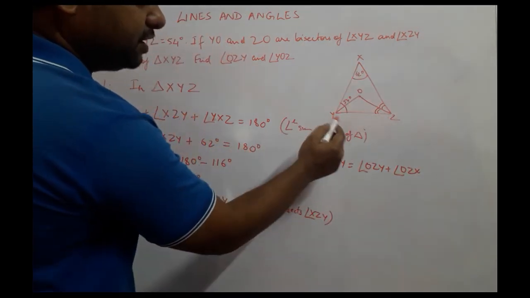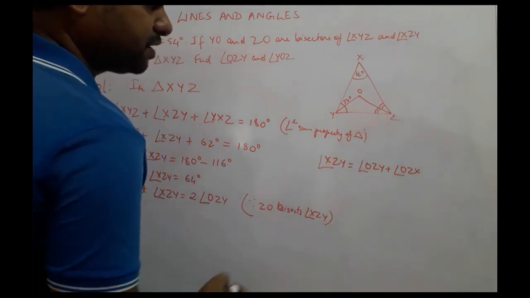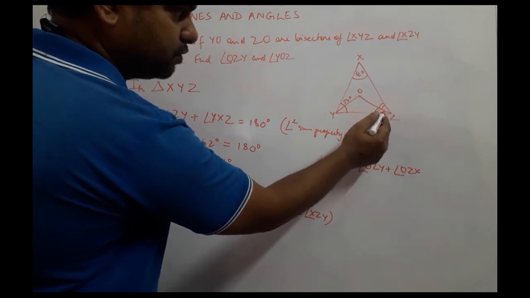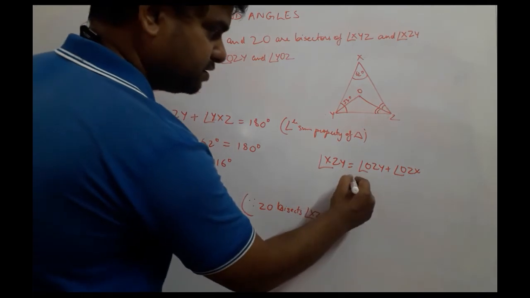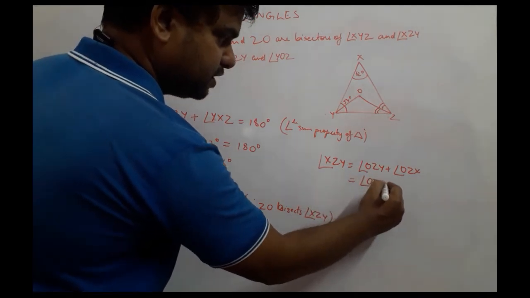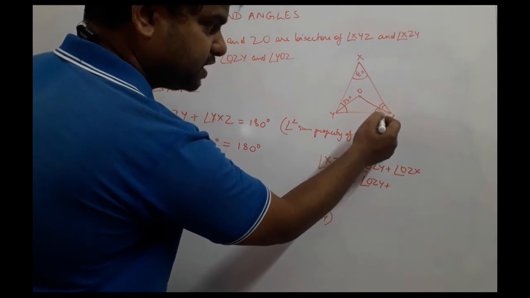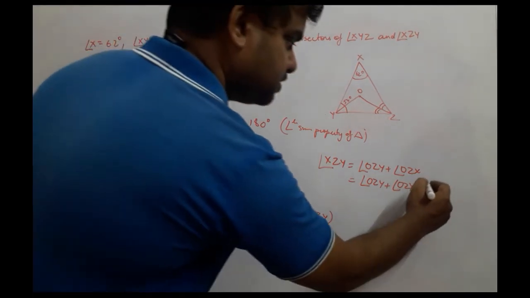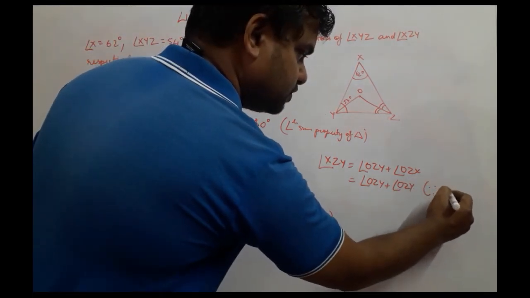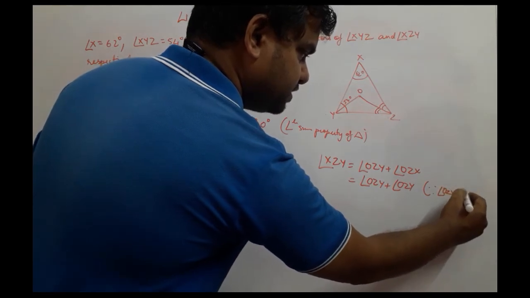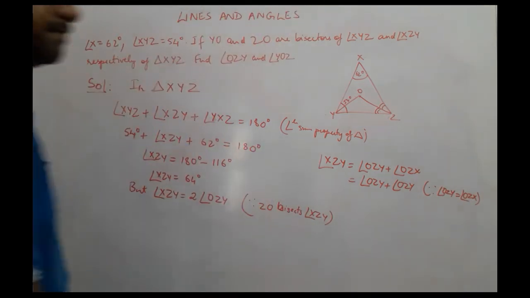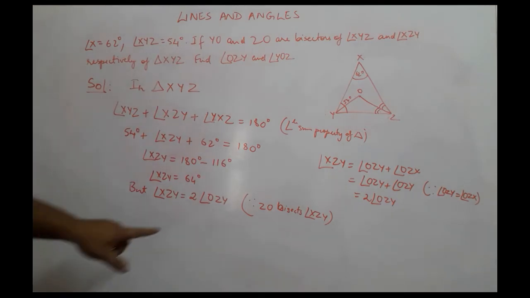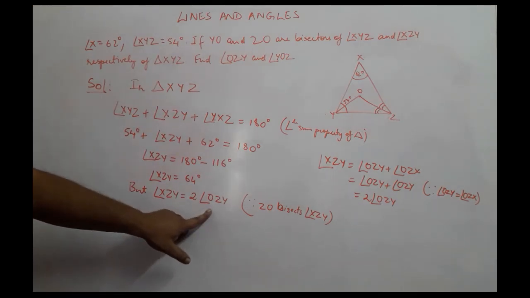But since this is an angle bisector, which means it bisects this angle into equal parts, we can keep angle OZY and instead of OZX we can write angle OZY itself, because angle OZY is equal to angle OZX. Now we can write this as 2 times angle OZY. That's how I get it.